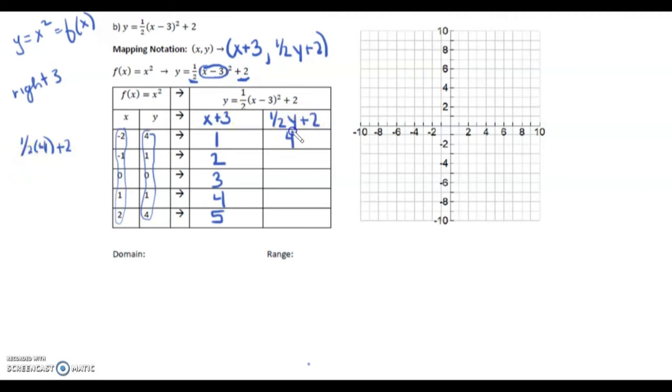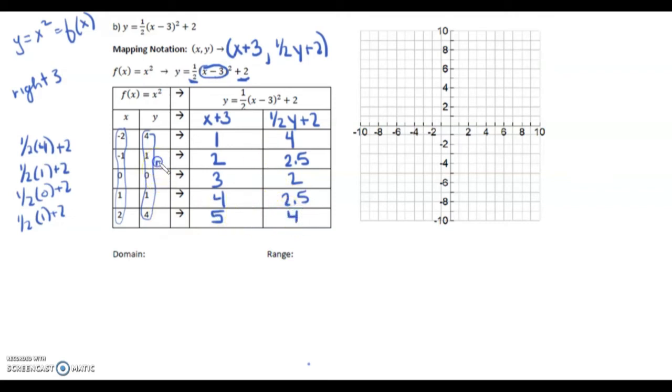Okay, so I get 4. The next one is 1/2 of 1 plus 2. So this is 1/2 plus 2, it's 2.5. 1/2 of 0 plus 2 is just 2. 1/2 of 1 plus 2 is the same, 2.5. And then the 4 is going to be 4 as well.